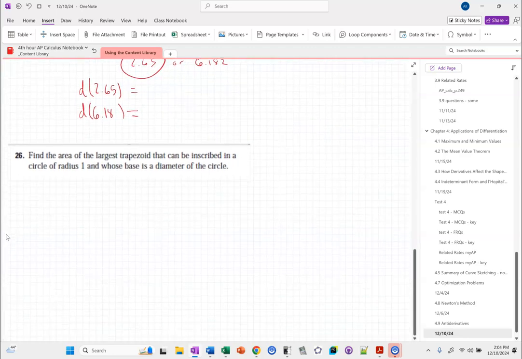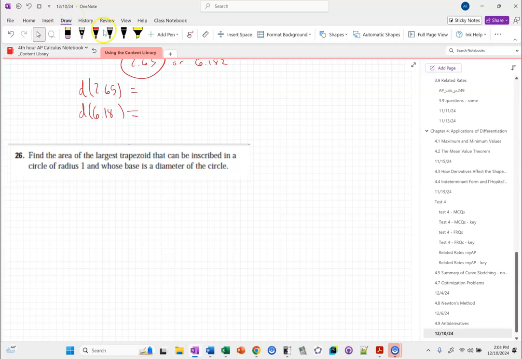All right. The area of the largest trapezoid that can be inscribed in a circle of radius 1, whose base is a diameter of the circle. Okay. So I'll just, here's a circle.